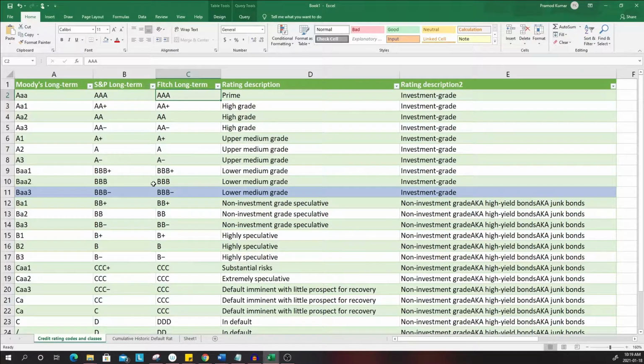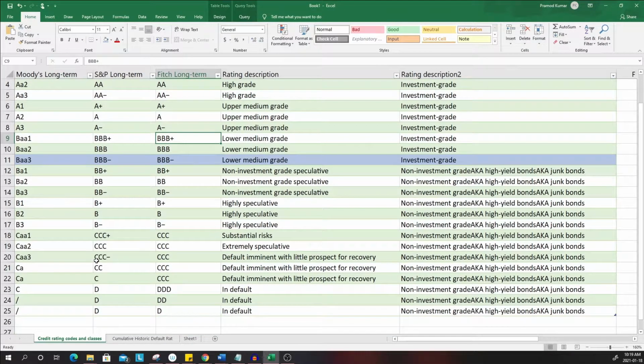It's just a different way of saying the same rank. If Moody's says Baa1, that implies S&P triple B plus and Fitch triple B plus. So that's just the naming.